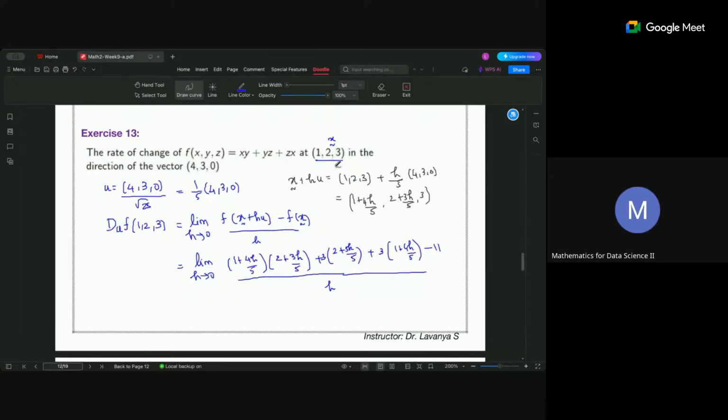So when you simplify, you will get limit h goes to 0, h times (32 by 5 plus 12h by 25) whole divided by h. So you have 32 by 5 as answer. Is that fine? This problem? We simply applied the definition again. Is it clear?